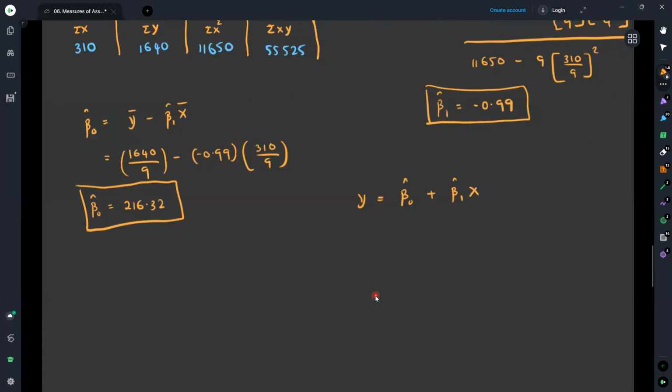Instead of y, we can say it is the heart rate. Heart rate equals beta naught hat, 216.32, plus beta 1 hat times x, and since beta 1 hat is a negative value, plus multiplied with minus gives simply minus 0.99 times x, where x is the age. Therefore, this would be the final model that we are having.